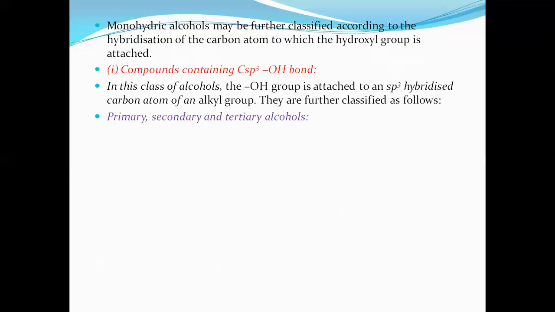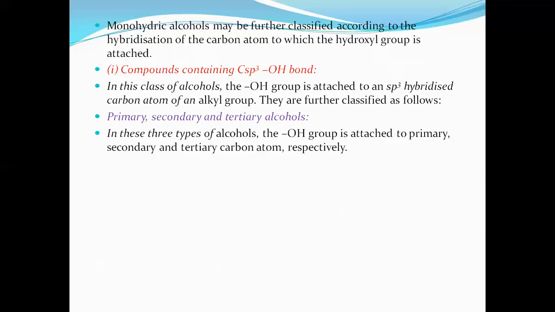Then, what are the primary, secondary, and tertiary alcohols? Condition number one, the OH group must be attached to an sp3 hybrid carbon atom. Now the second condition, in primary alcohols, the OH group is attached to an sp3 hybrid carbon atom, and that carbon atom must be a primary carbon atom. What is a primary carbon atom?